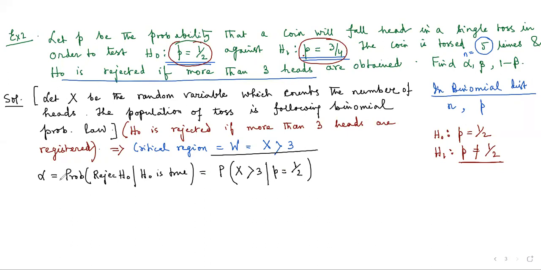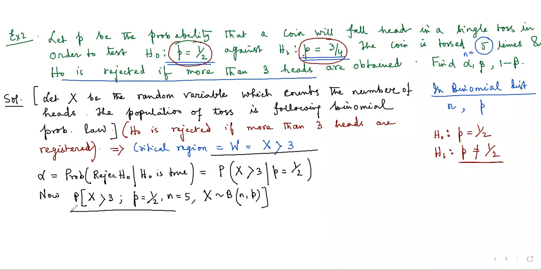So first of all, our job is to find the probability that X is greater than 3, where P is equal to half, N is equal to 5, and X follows a binomial distribution with N, P. That probability I'm going to find right now.